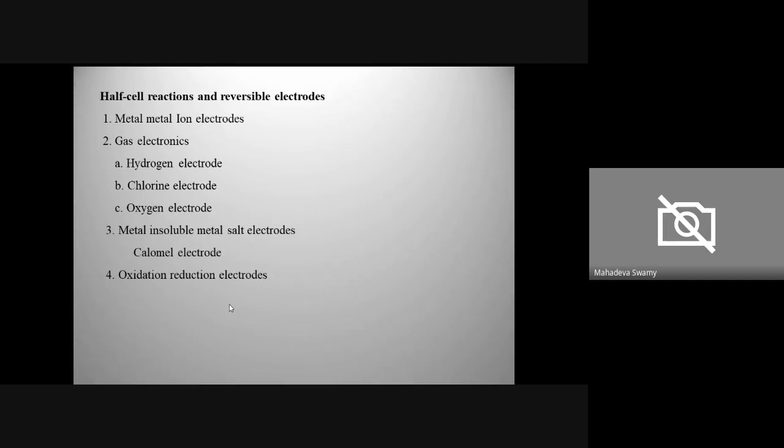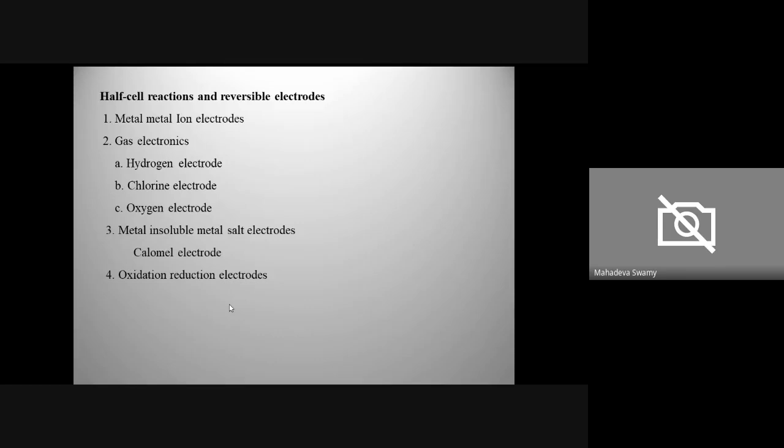Then oxidation reduction electrode. Already we know this electrode can be used for potential determination of the iron Fe2+, or potentiometric estimation of the iron.